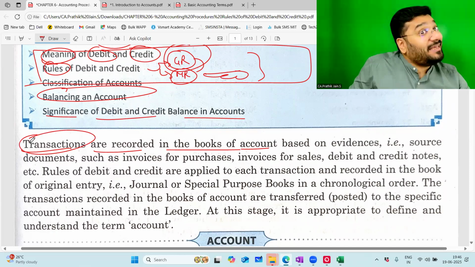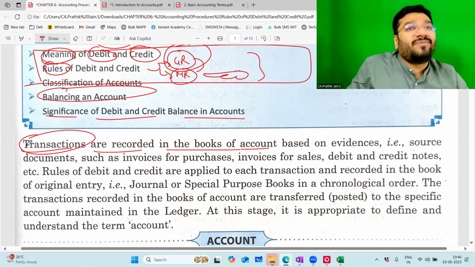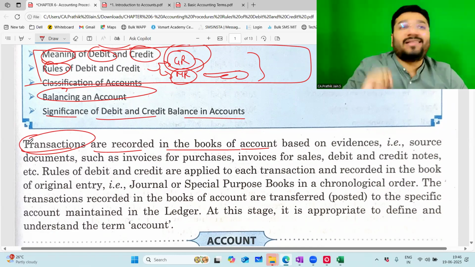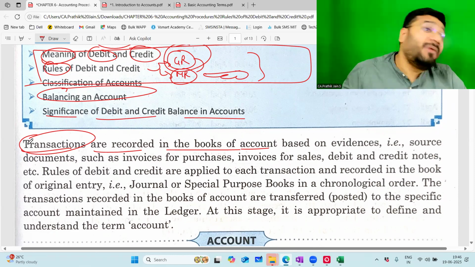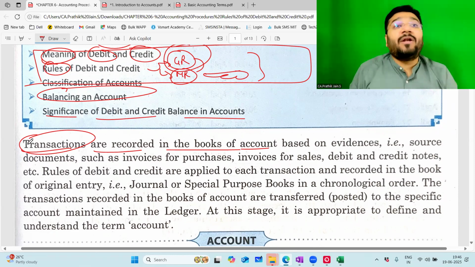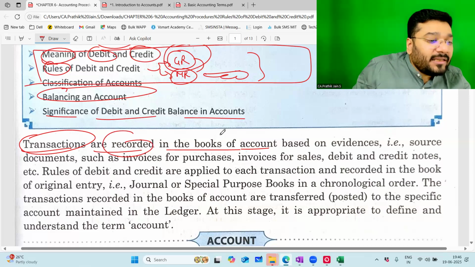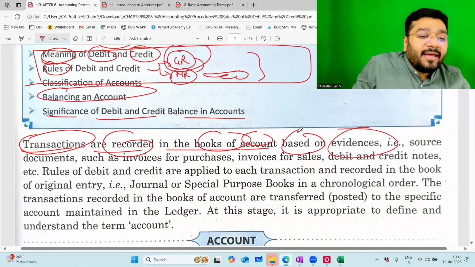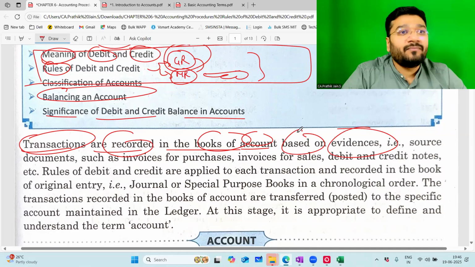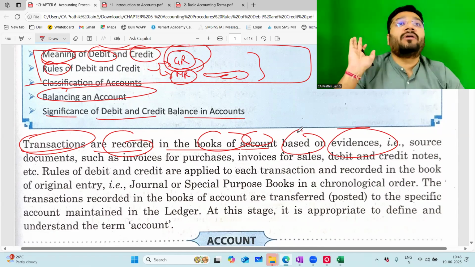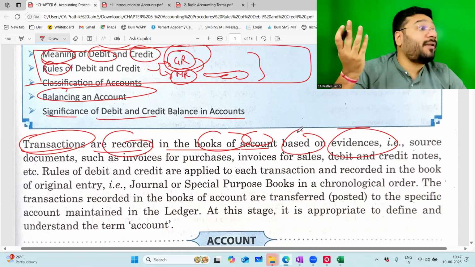I didn't say BFE, because for an event there is no evidence, because it is the result of transactions. So there is no evidence possible. But transaction means what? Something happening between 2 parties, where one is business, second is third party. So when something happened between 2 people, there will be some evidence to it. Every transaction is recorded in the books of accounts based on evidence. No evidence, you can't record it.